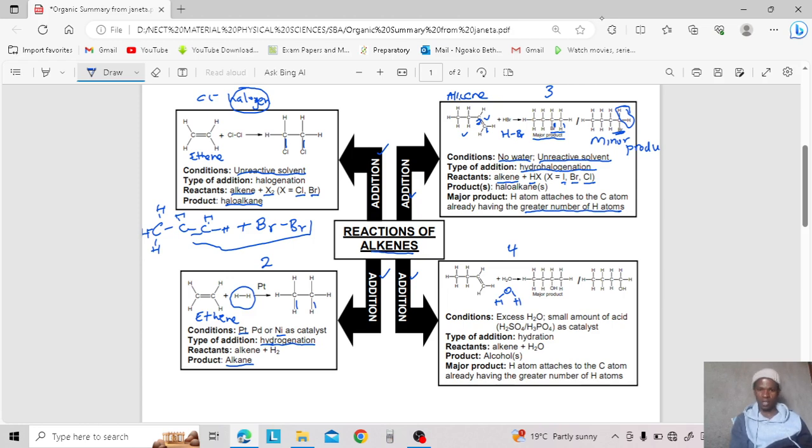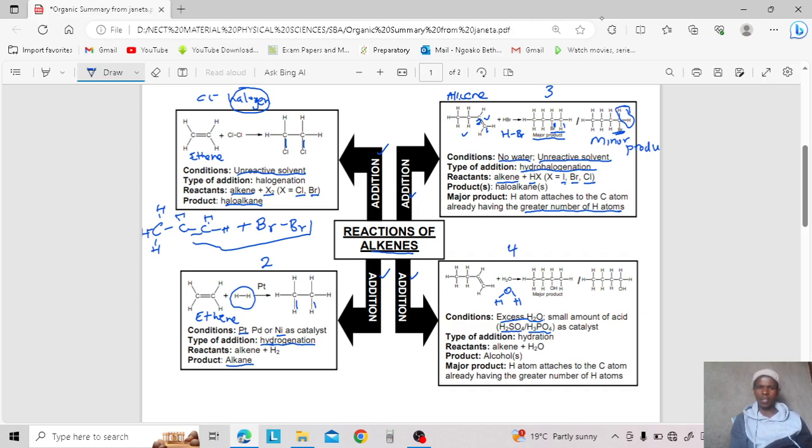If you're adding water to an alkene, the reaction conditions required are excess water, then a small amount of acid as a catalyst. The acid catalyst is H2SO4 or H3PO4, sulfuric acid or phosphoric acid.